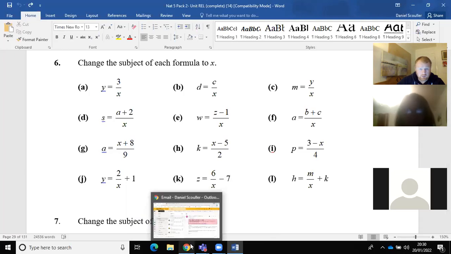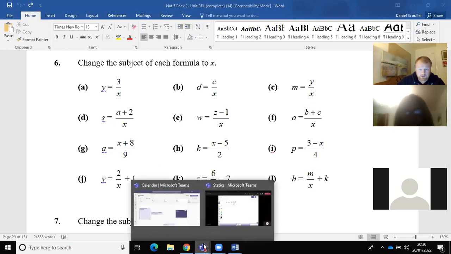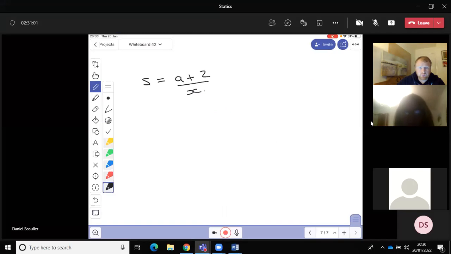So that one first. We're swapping that around. We want to leave X, so we want to isolate X. So X is a division, and it's dividing that whole term above.